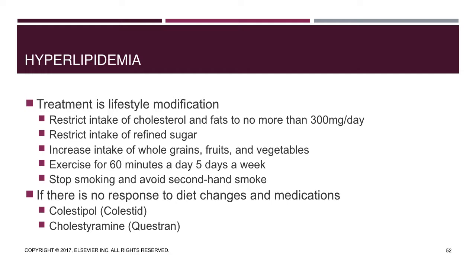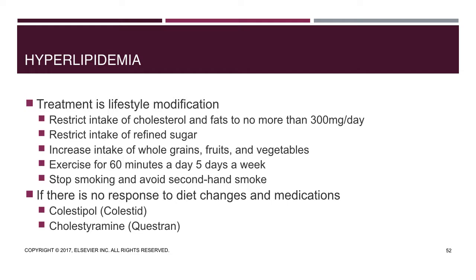It doesn't seem logical. It seems more logical that if you don't eat the cholesterol-containing foods, that's going to take care of it. But your body makes cholesterol, all of it, on its own. And they actually are finding that the sugars and refined starches have more to do with increased lipidemia than the cholesterol and fats in your diet.